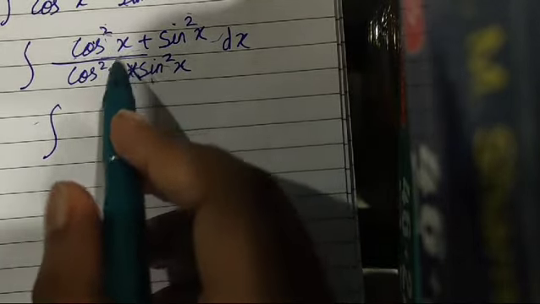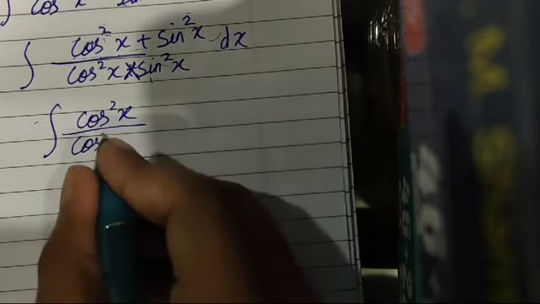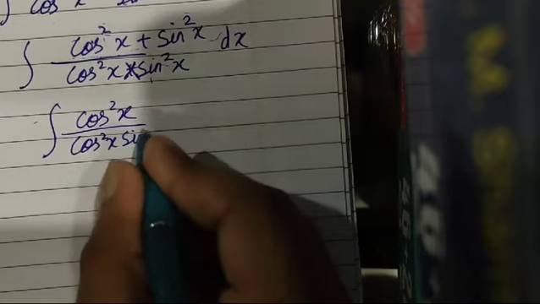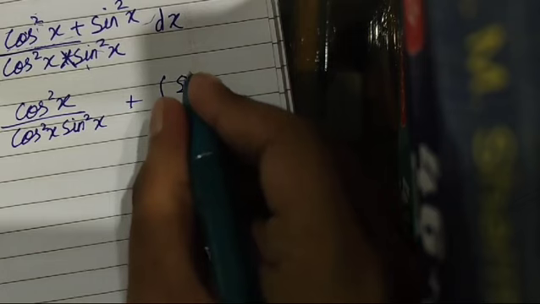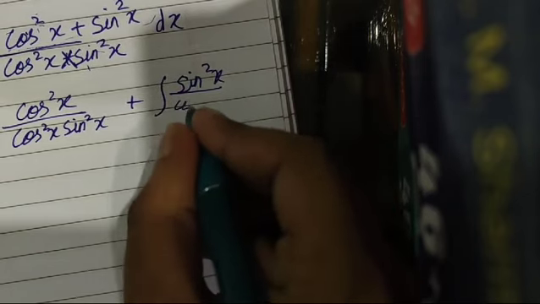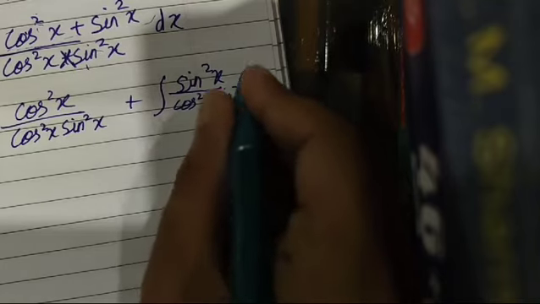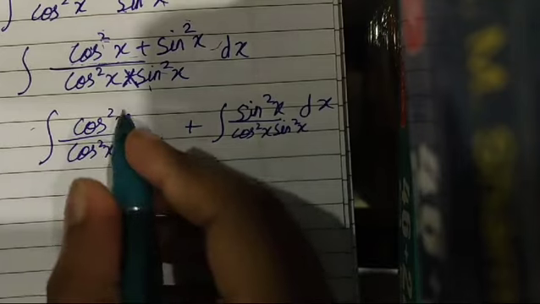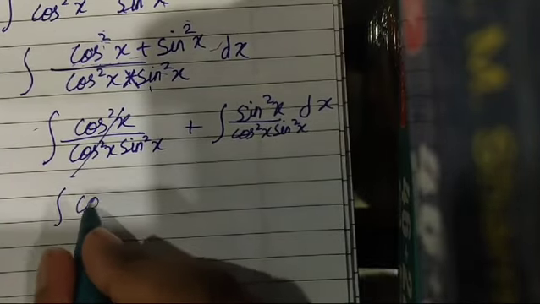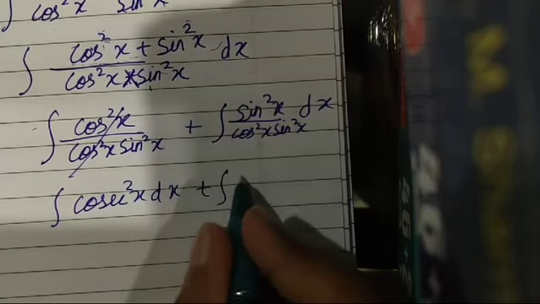Integration, and to integrate this we'll just divide it. Cos square x, obviously we get that, and now if you see, we get cosec square here, and here we get sec square.